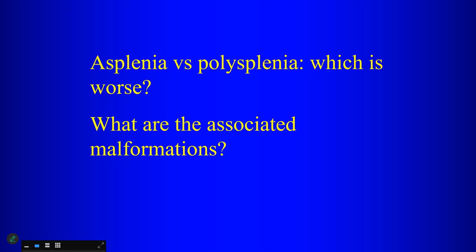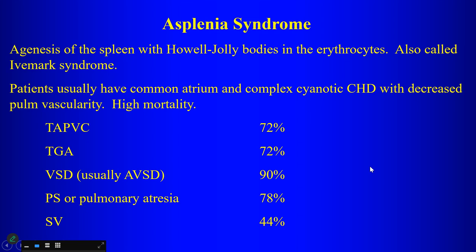The congenital heart disease that you have to know that is associated with asplenia is what? It comes up a lot as an exam question. The congenital heart disease that has a strong association with asplenia is which one? Total anomalous pulmonary venous return. Right. That's the one you need to know. Okay.